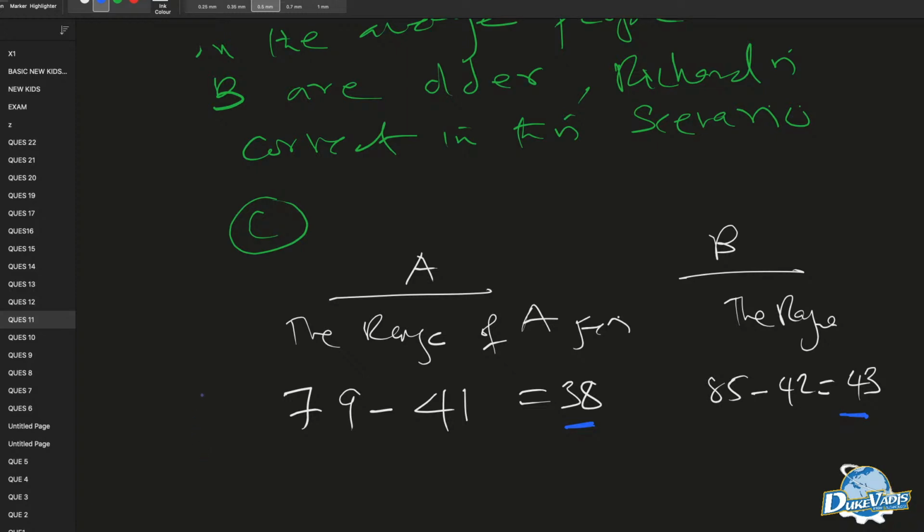For A, this one is 66 minus 53, which equals 13. For B, this one gives us 73 minus 54, and this gives us 19.